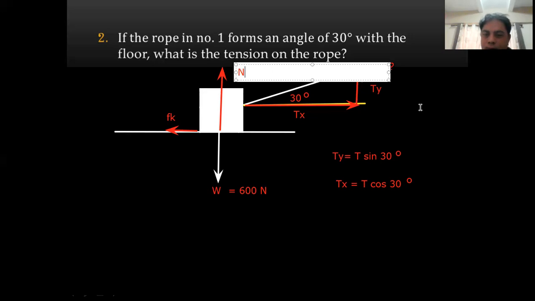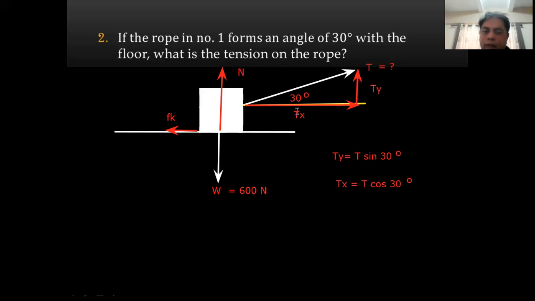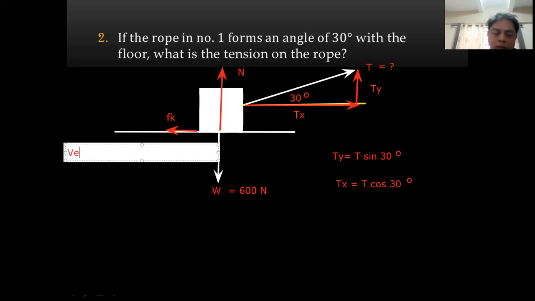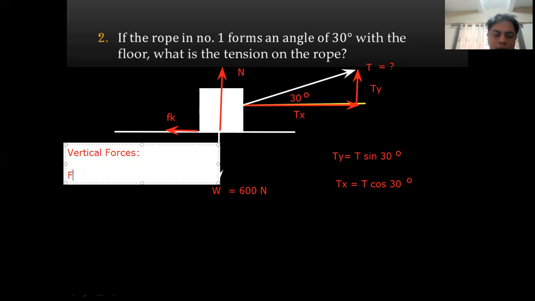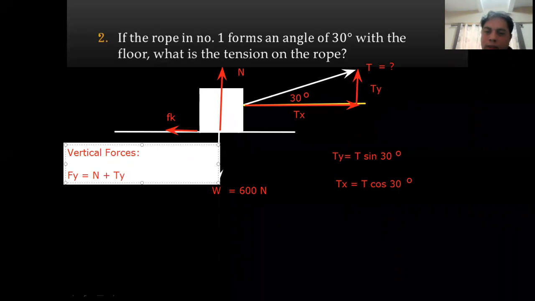Now, if we try to split our forces according to their direction, we can group one set of forces as those that go vertical, and our vertical forces we can call F sub y. Two of these forces that go vertical are pointing up, and one is pointing down. What are the forces that point up? The normal force, and your T sub y is pointing up, while W is going down.